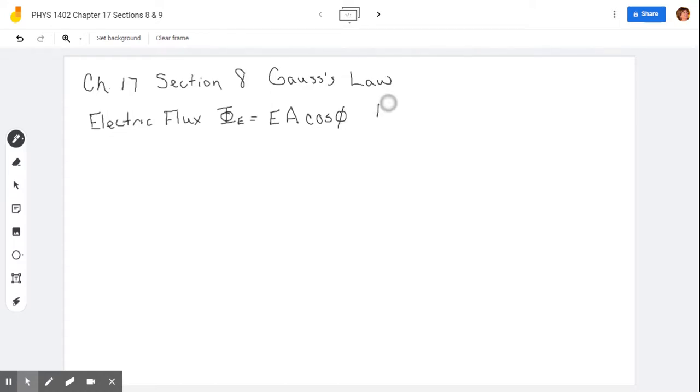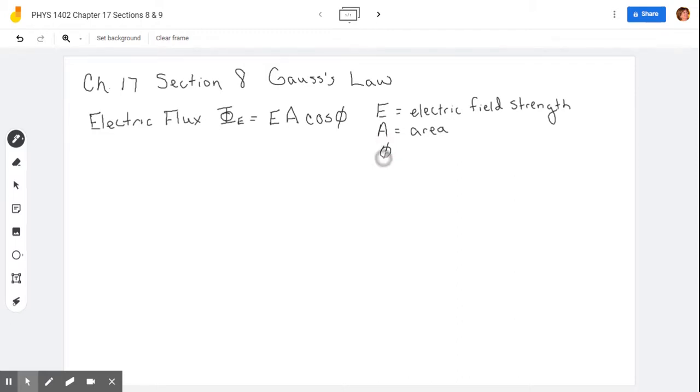Now, to remind ourselves what everything means, E, of course, is the electric field strength. A is area.